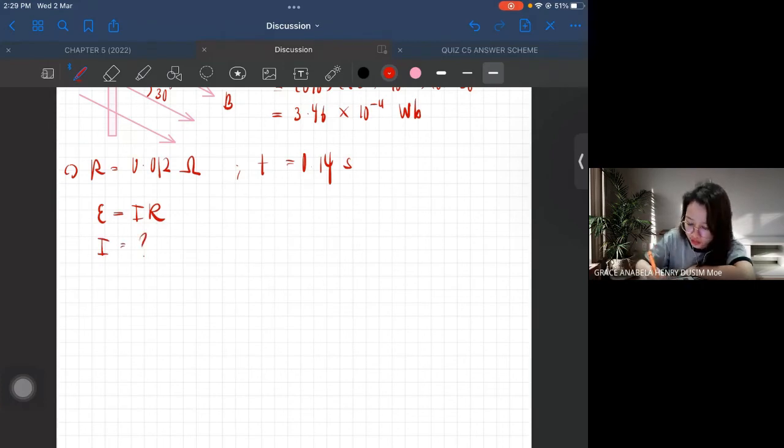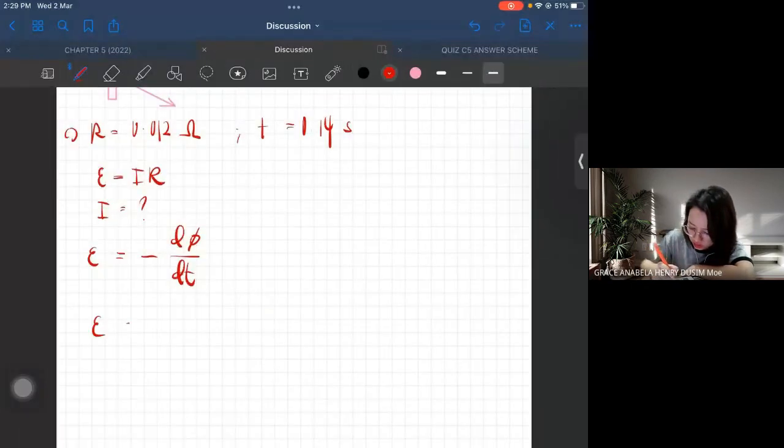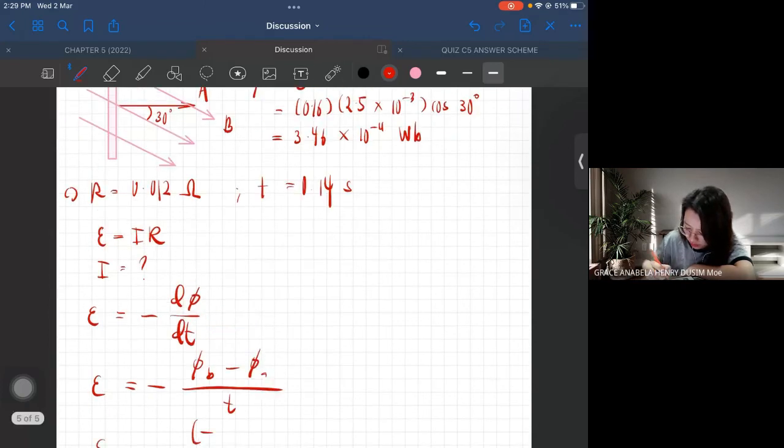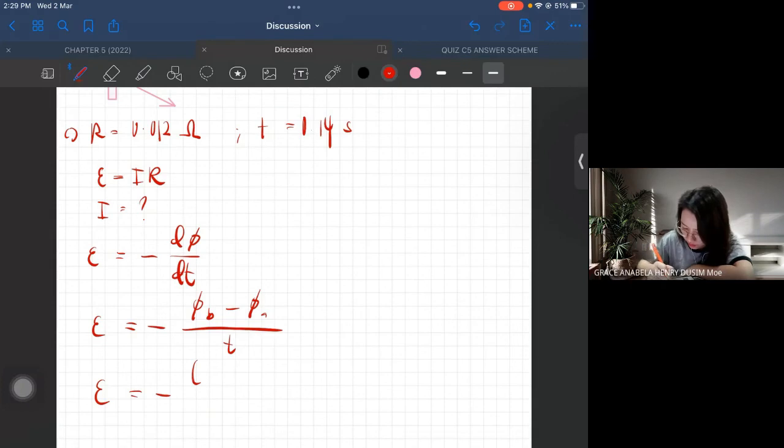But before we can find the current, we have to find the EMF. The EMF is phi at B minus phi at A over the time, so this is negative 3.46 times 10 negative 4 minus 4 times 10 negative 4, over 0.14.